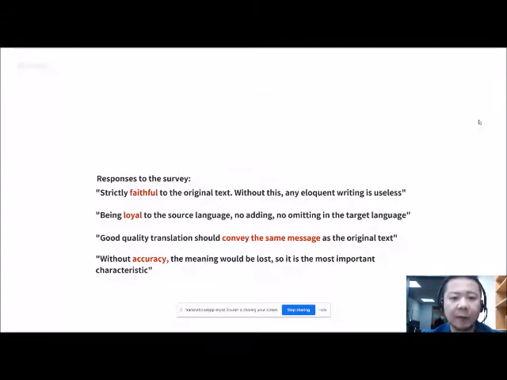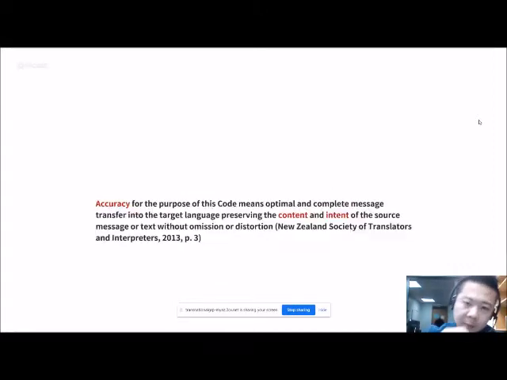Strictly faithful to original text, being loyal to the source language, good quality should convey the same messages, and without accuracy, the meaning would be lost. I agree with all of them, and I feel that their response actually is consistent with the NZSTI Code of Ethics on accuracy. So accuracy actually covers two aspects: content and intent.